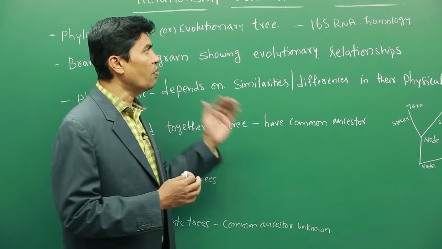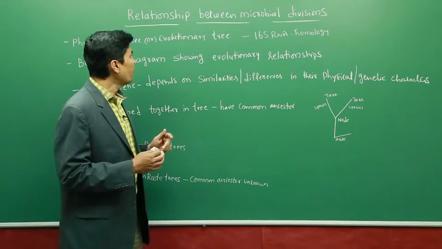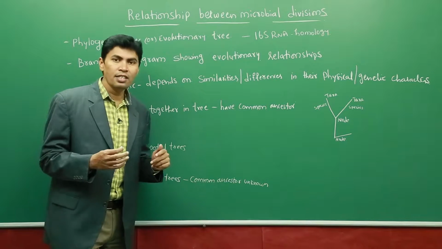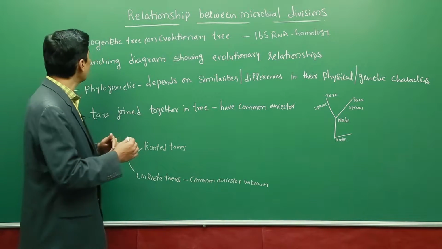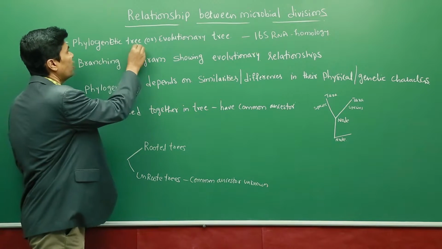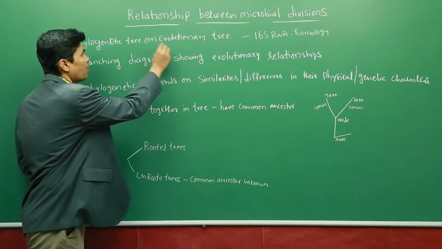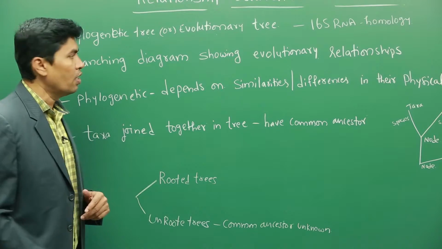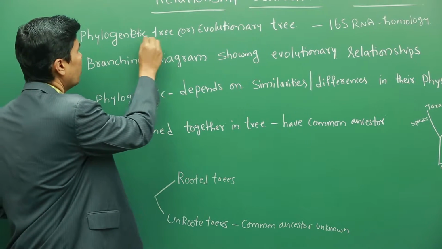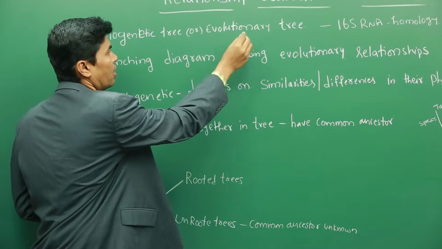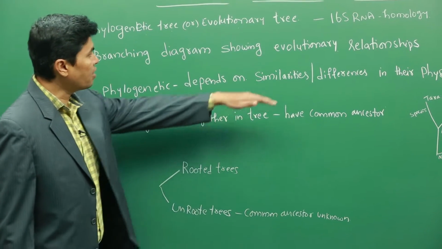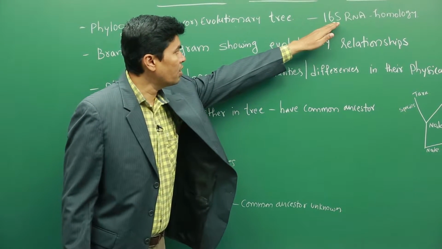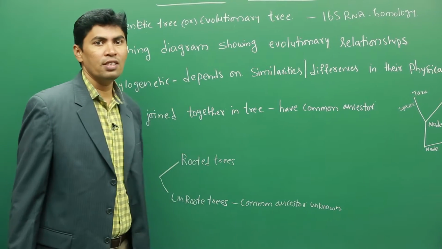of different microbial divisions. Now here, this relationship between the microbial divisions can be studied by using a phylogenetic tree, or you can call this an evolutionary tree. Now here you can see this phylogenetic tree or evolutionary tree, which is constructed using 16S fragment ribosomal RNA homology studies.